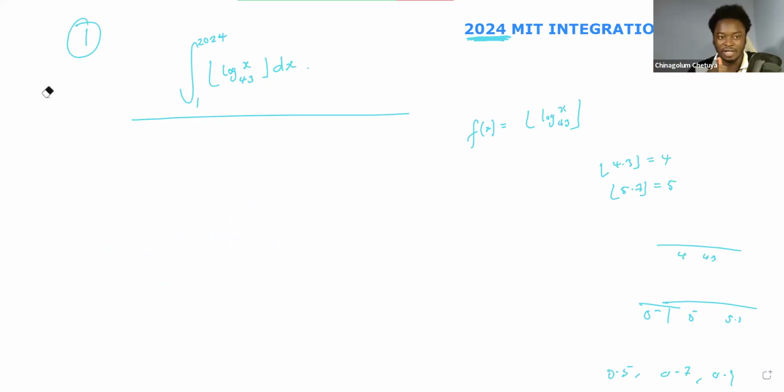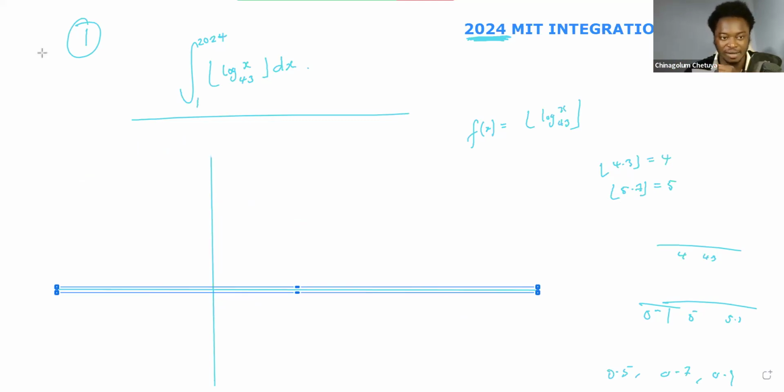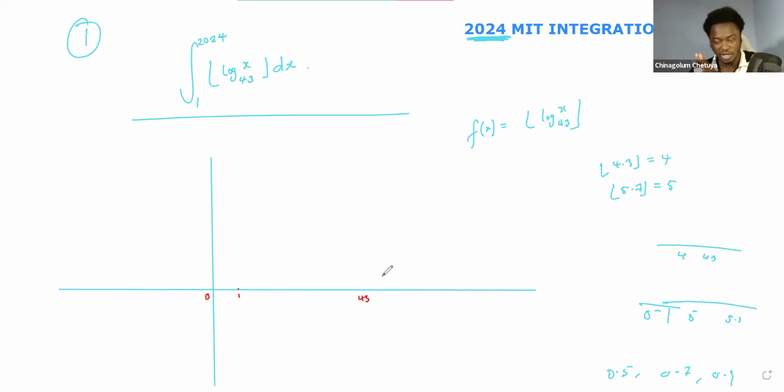On our coordinate axis, the function starts at 1, so the integral starts at 1. From 1 up until 43, this function is 0 all through.